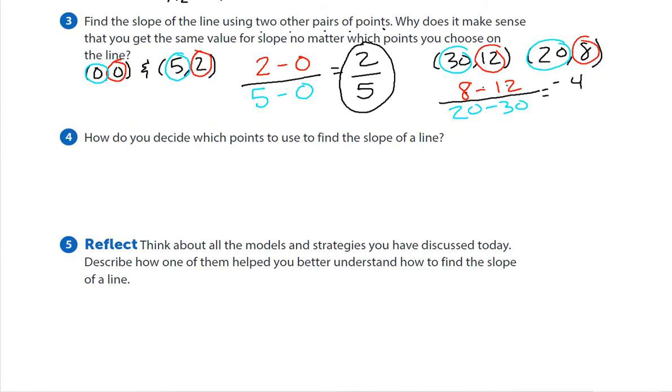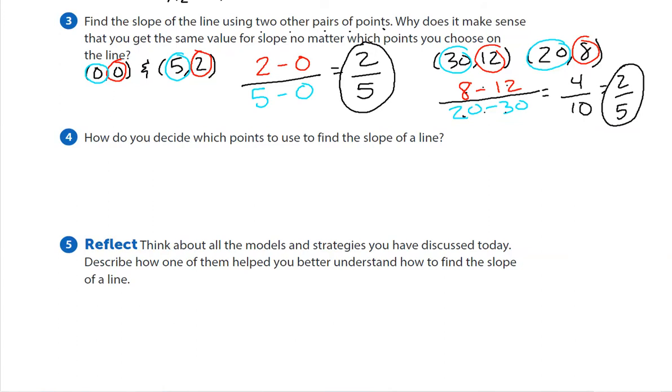I should put an equal sign there. 20 minus 30 is negative 10. And surprise, when the numerator and denominator are both negative, they cancel each other out, and the fraction is now positive. Sorcery. So that's also 2/5, because a negative number divided by a negative number is a positive number.